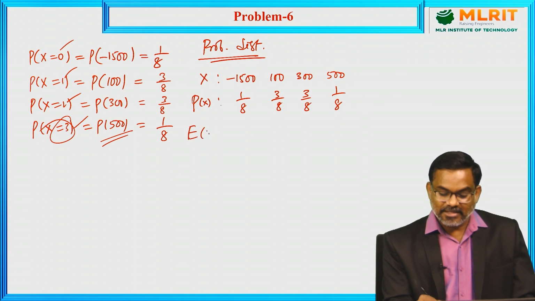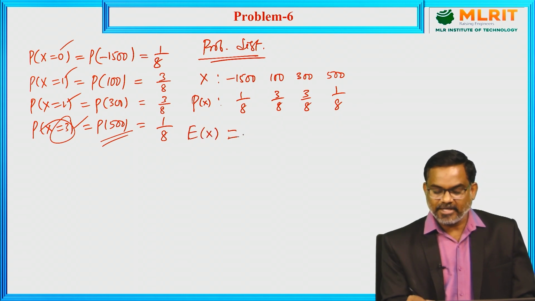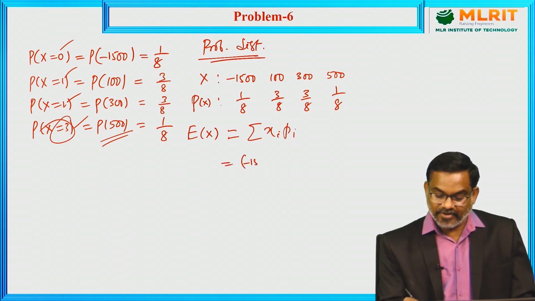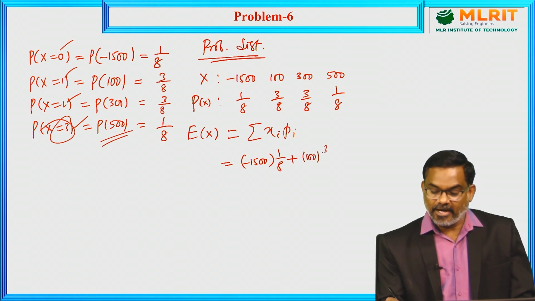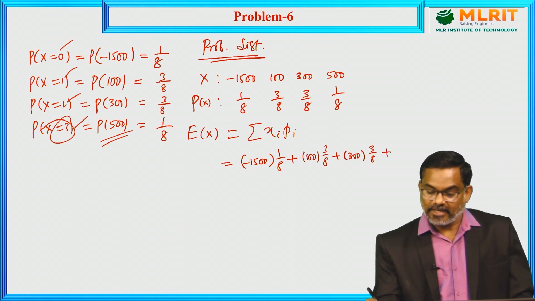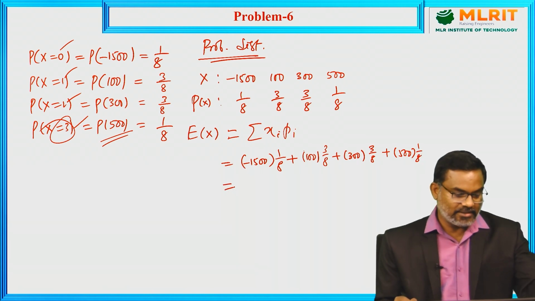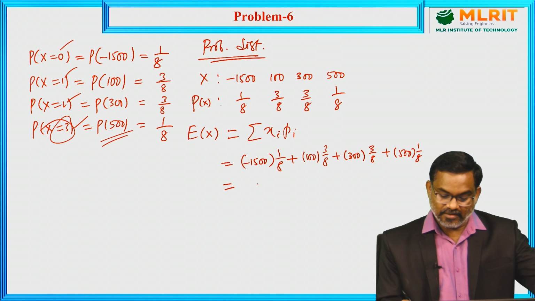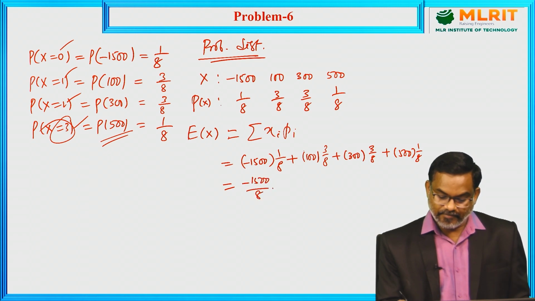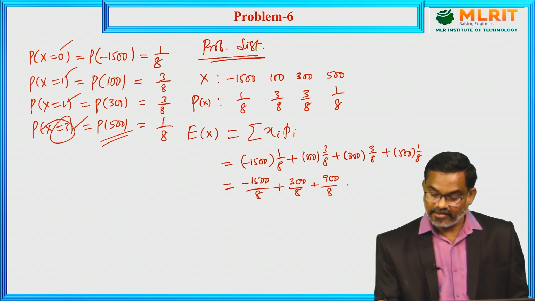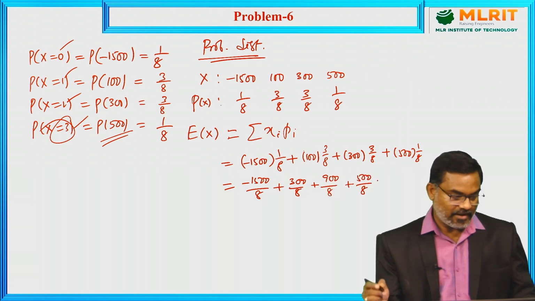Now the question is to find the expected value, that means the expectation of x. What is the expectation of x? Sigma xi into pi. So minus 1500 into 1 by 8 plus 100 into 3 by 8 plus 300 into 3 by 8 plus 500 into 1 by 8. If you calculate this total, this is minus 1500 by 8 plus 300 by 8 plus 900 by 8 plus 500 by 8.